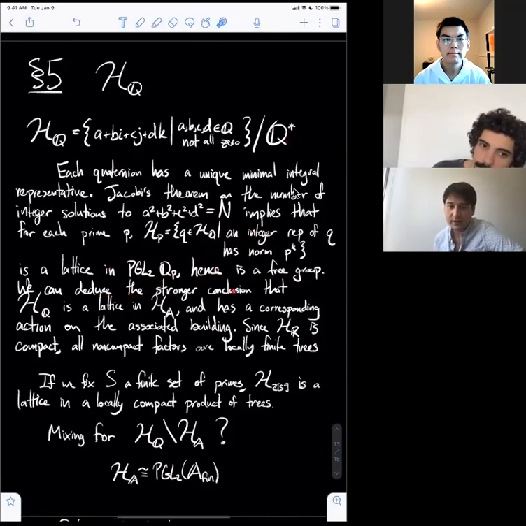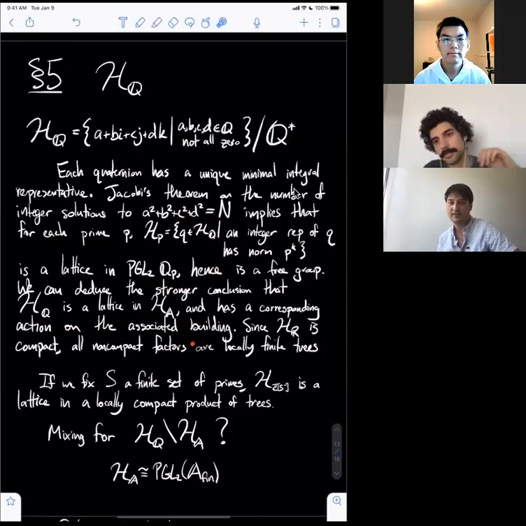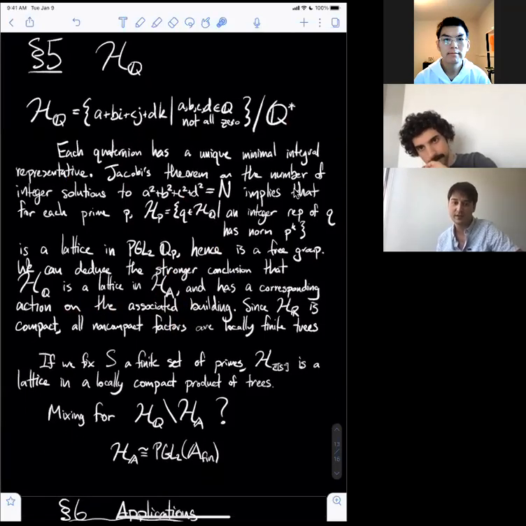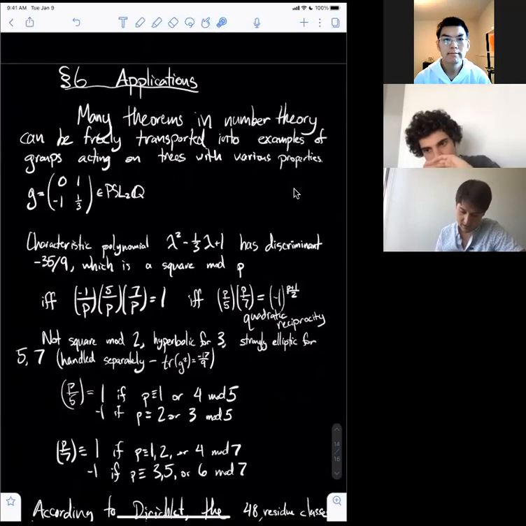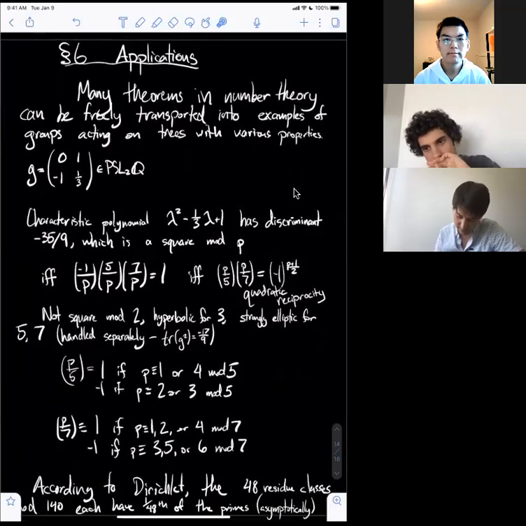And then we can deduce the stronger conclusion that this is a lattice in H sub A, which really is the general linear group over the finite adeles. And so H(Q) has a nice action on this associated building, which is a locally compact subset of an infinite product of trees. Okay, I just have one more minute.